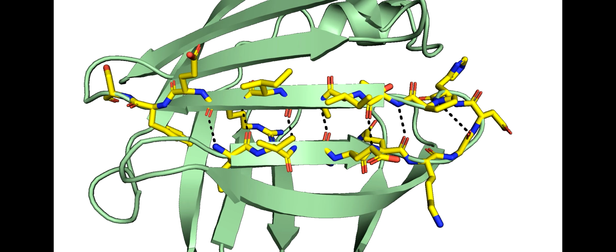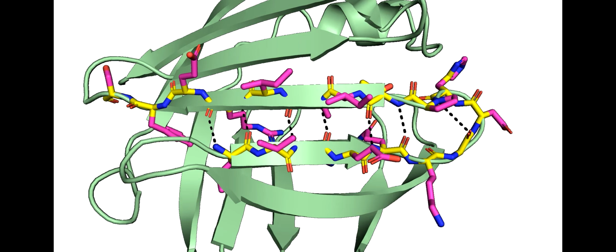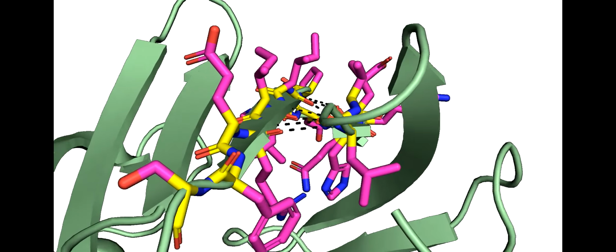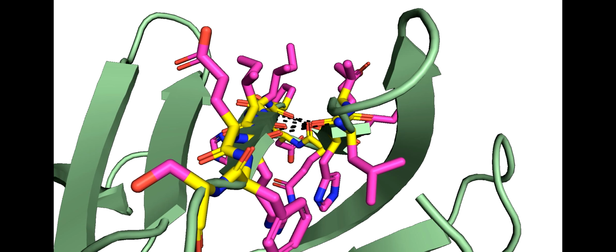So let's keep the backbone in yellow, and then we can change the side chain carbons to pink or magenta to see what's going on. Now, if we look over this side, you can see that those hydrogen bonds are between the backbone carbonyl oxygens and the backbone amino groups of the adjacent chains, and that allows for that stability that makes the beta sheets.